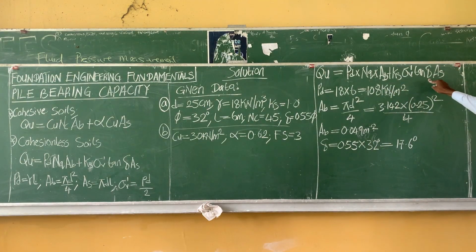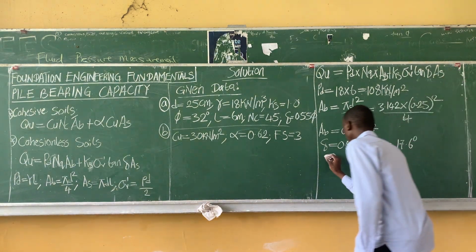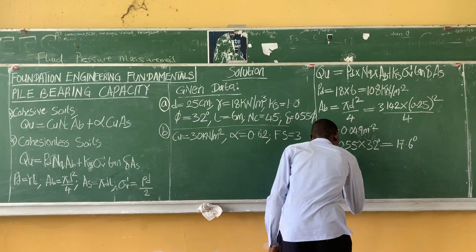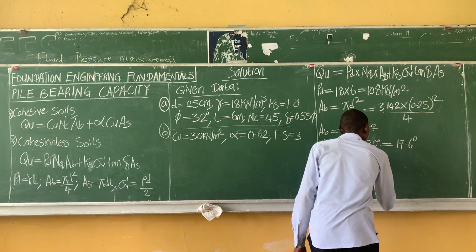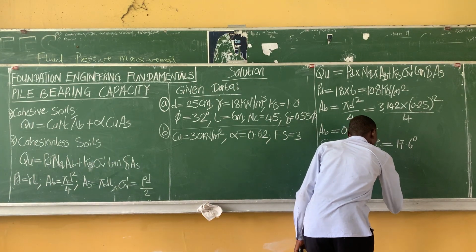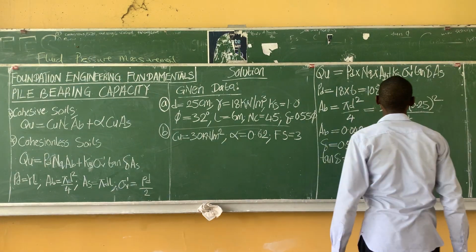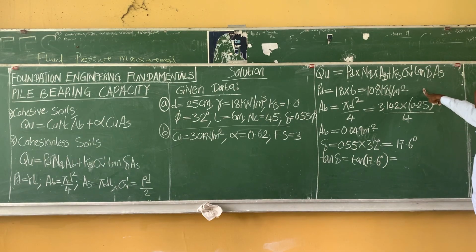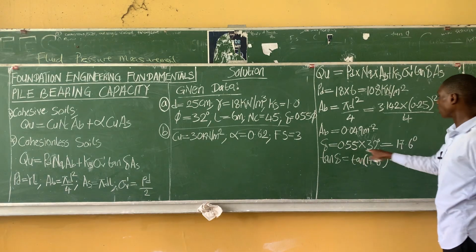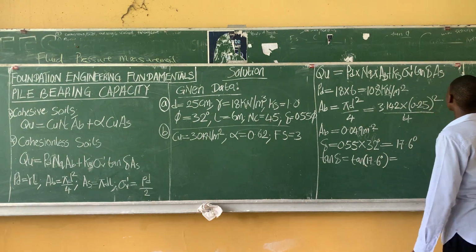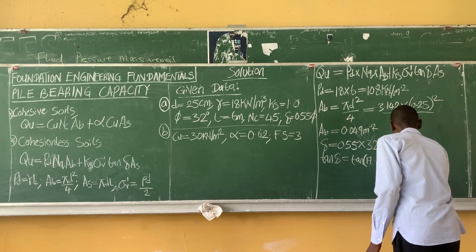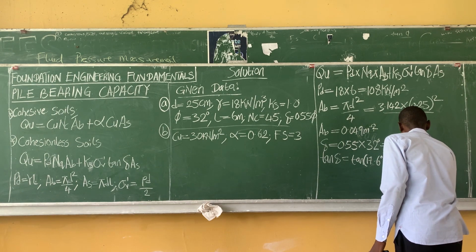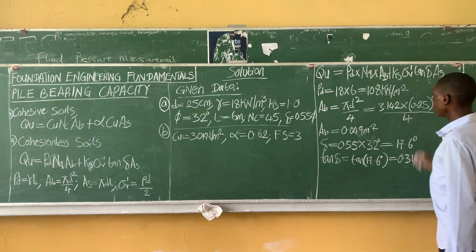But in the expression, what we need is tan delta. So tan delta is equal to tan of 17.6 degrees, and that gives us 0.31.